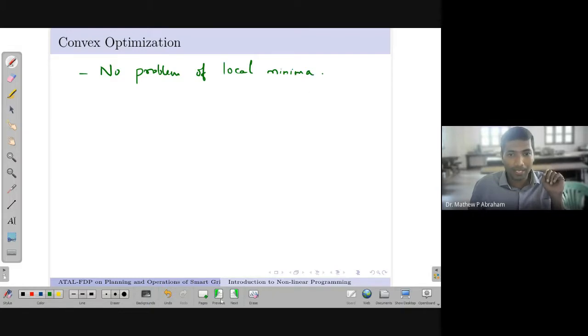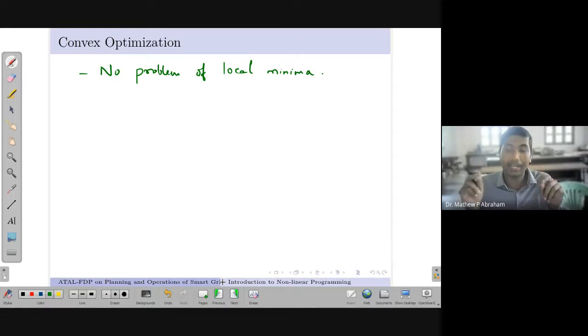I have said that if there is a local minima, there is a tendency that the algorithms may converge to that local minima and pretend to say that that is the global minima, but that need not be the global minima. But for convex optimization problem, there is no such problem of local minima.